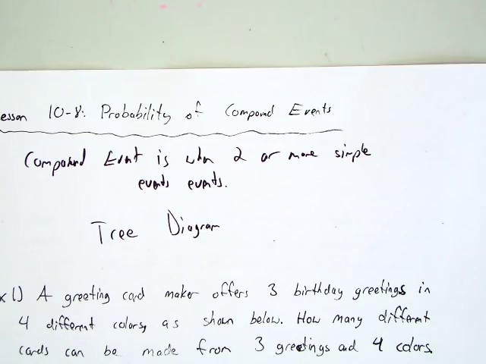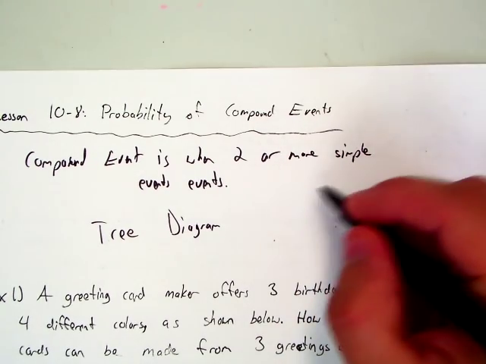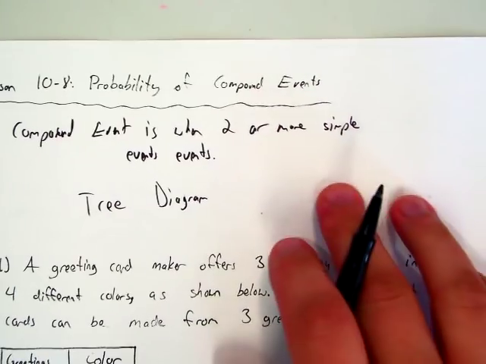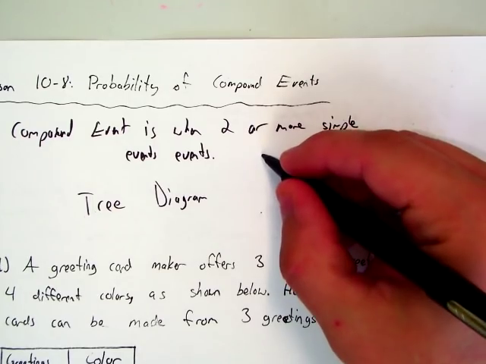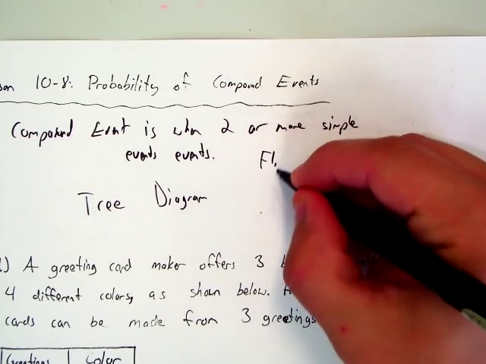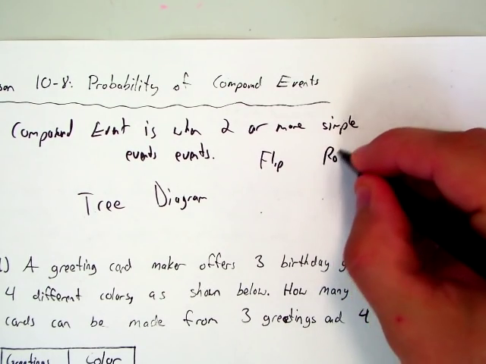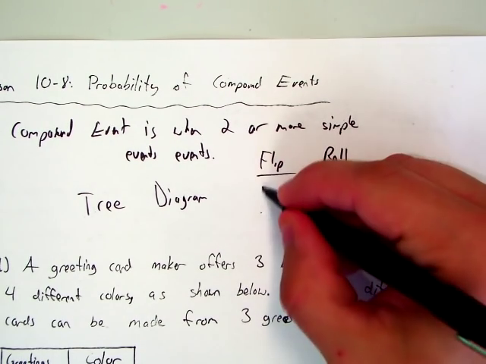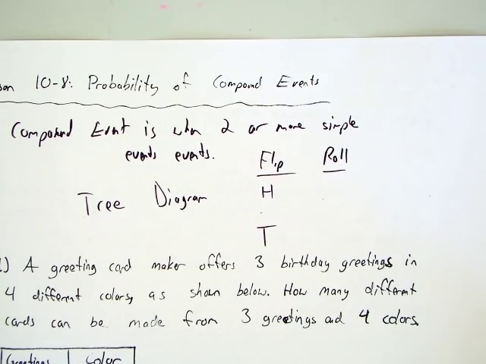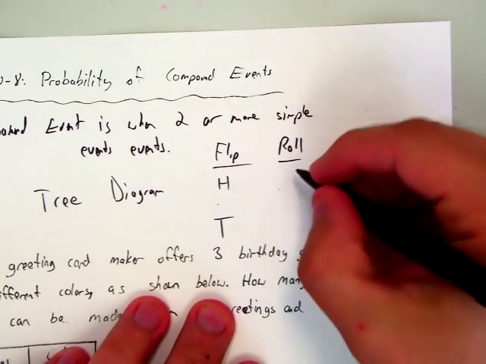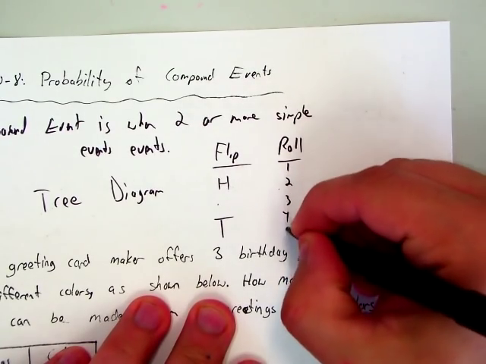A tree diagram looks kind of like a tree, but it takes into account the different types of activities. For example, if we flipped a coin and then rolled a die, we would have heads and tails, and then you'd have 1, 2, 3, 4, 5, and 6.